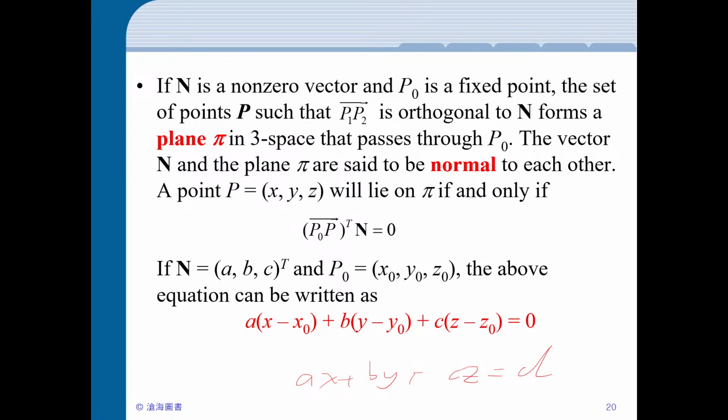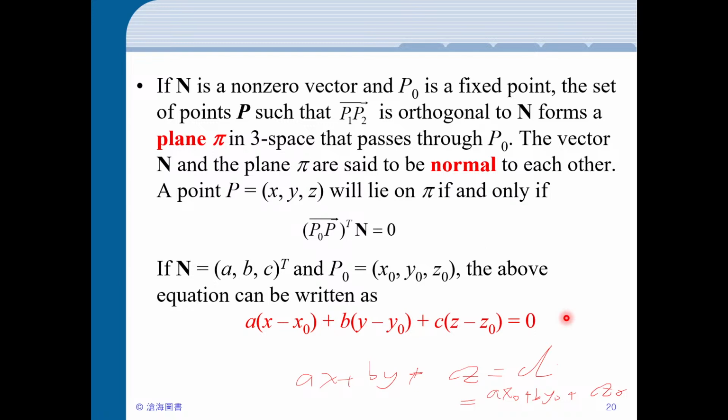Those two things are similar, just with this extra x0, y0, z0. If you multiply it out, d is just equal to a x0 plus b y0 plus c z0. So you can see this is the plane equation in another form.